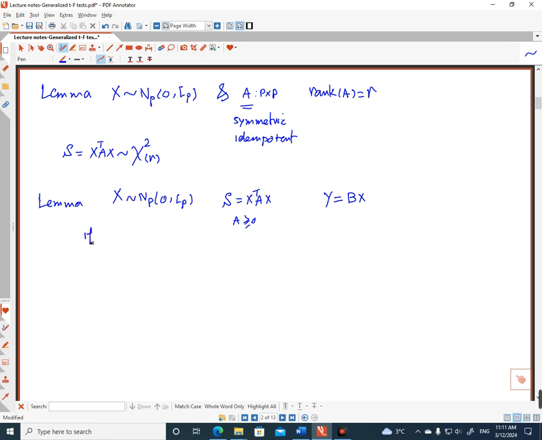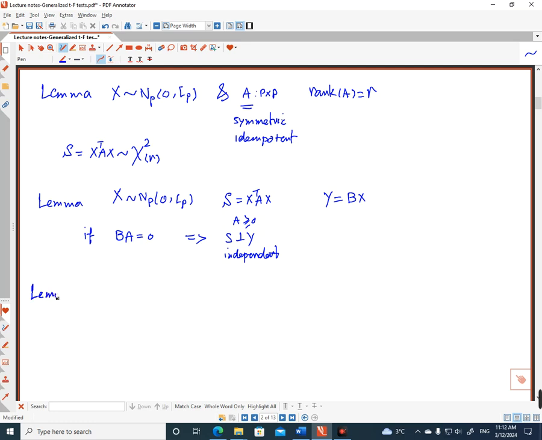If B times A is equal to 0, then we can conclude that S is independent of y. This lemma also plays an important role in the rest of the theory.